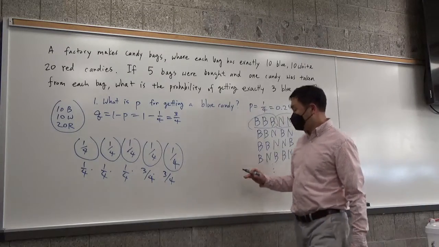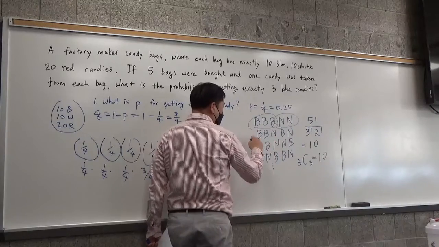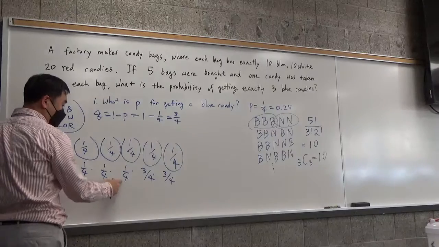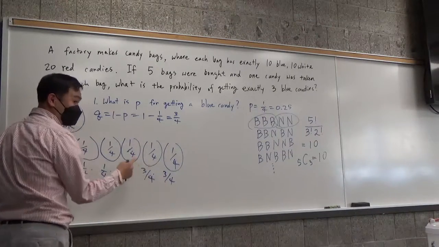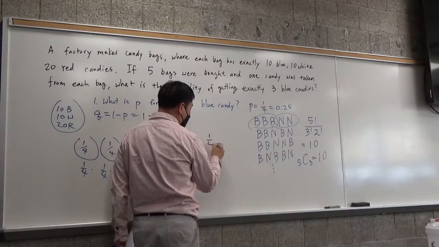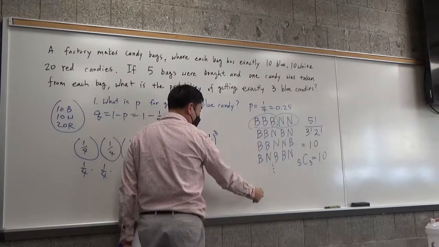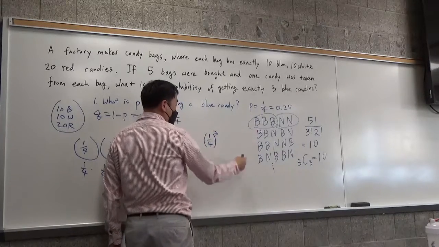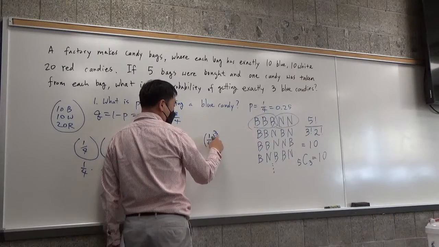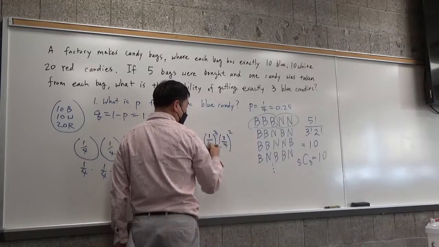See, if you think about the probability that exactly this would happen, or this would happen, or this would happen, they're all products of 1/4, 3 times, and 3/4 twice. So what you end up with is you always have 1/4 3 times. When you list all of these possibilities, all of them have the probability of 1/4 to the third power and 3/4 to the second power.